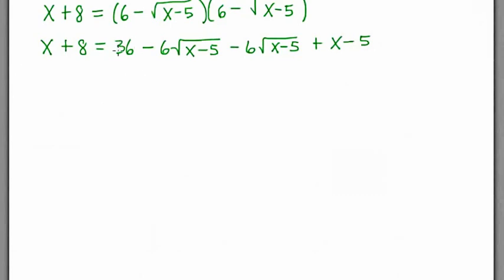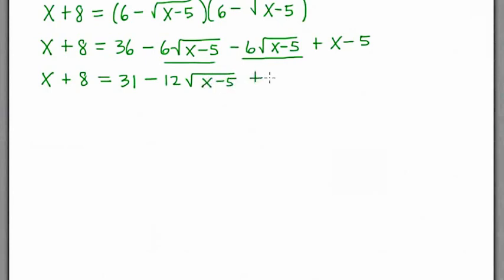I noticed that the 36 in the front and the negative 5 in the back are like terms. So we have x plus 8. 36 minus 5 is 31. These two terms here are the same, so I'll combine them, giving me negative 12 root x minus 5, then plus x.